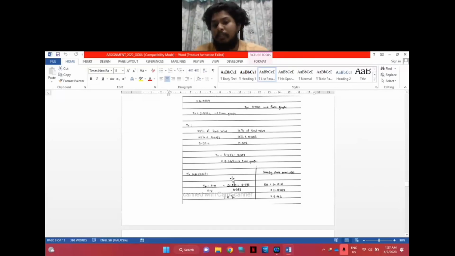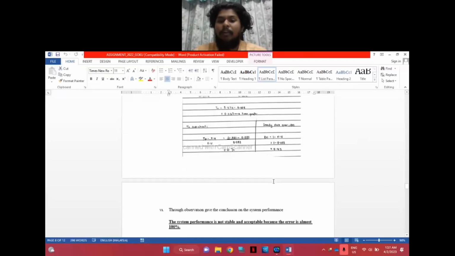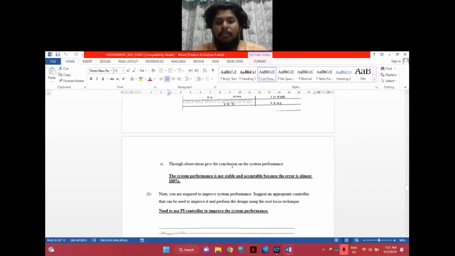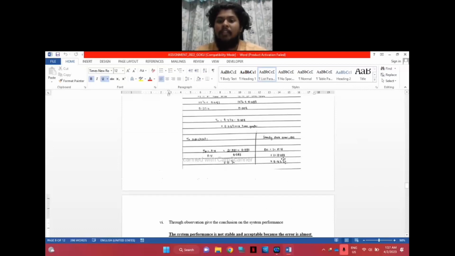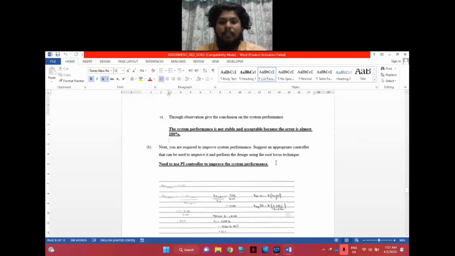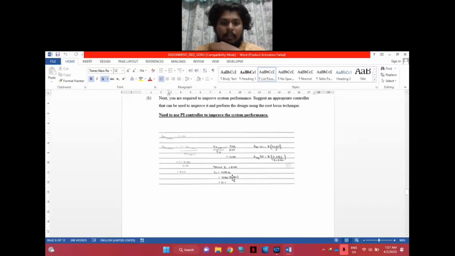So the overshoot is 0%, but the steady state error is 0.92 from the graph that we got. Through observation, we can say that the system performance is not stable and acceptable because the error is almost 100%, since we got the steady state error 0.92. To improve the system, we need to use a PI controller.